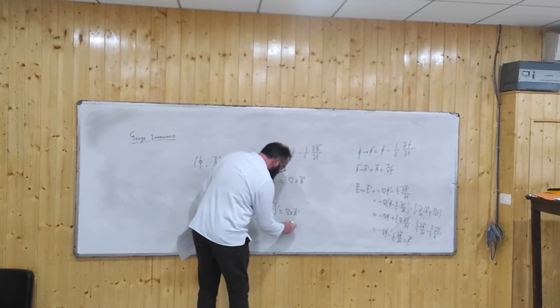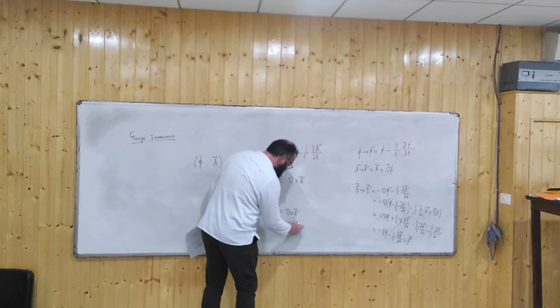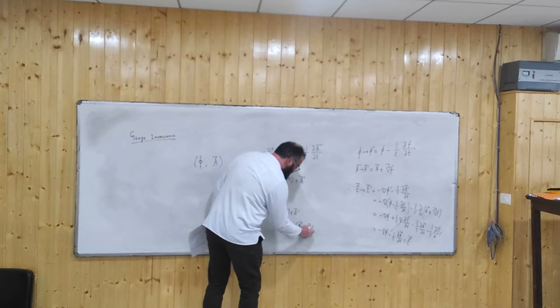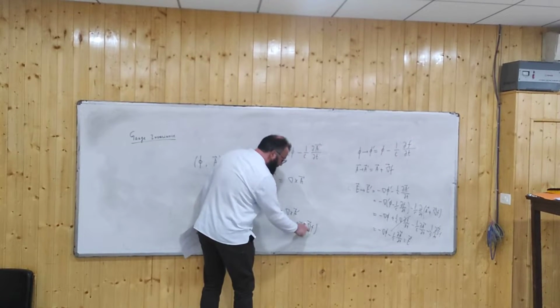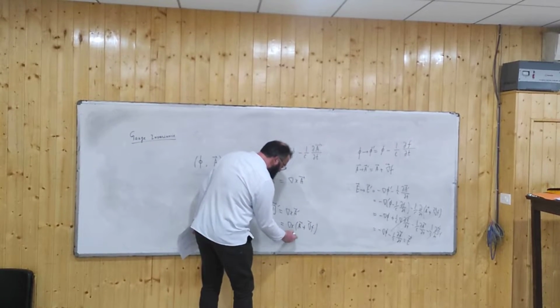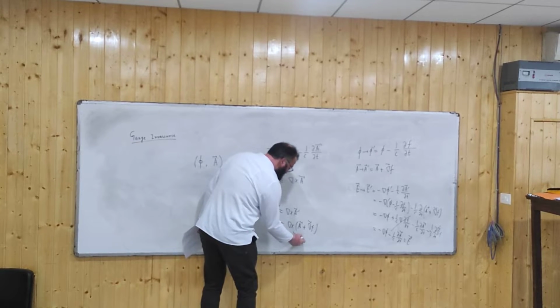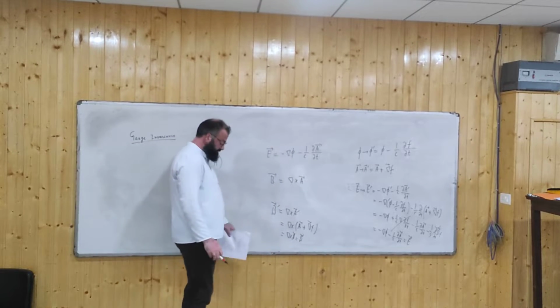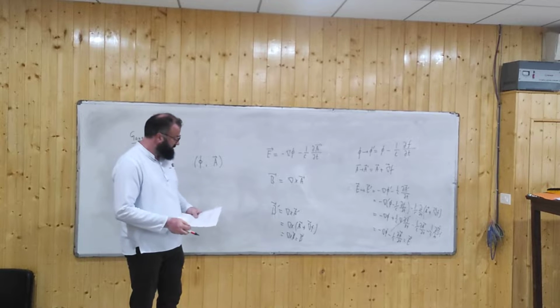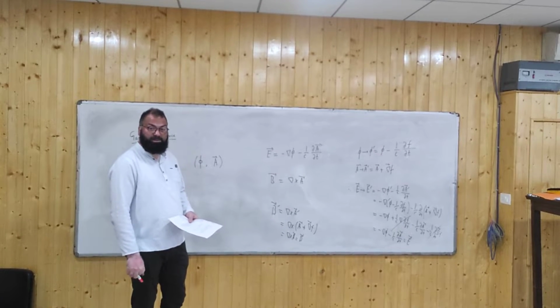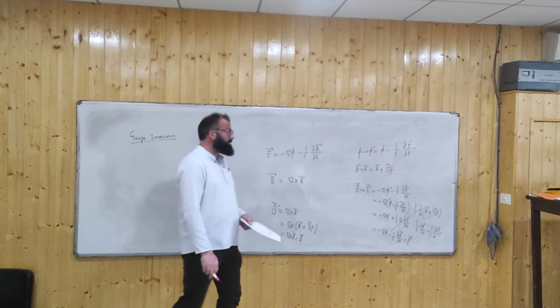So what is this thing? A plus gradient of F. Curl of gradient is 0, so it is the same as B. Clear?